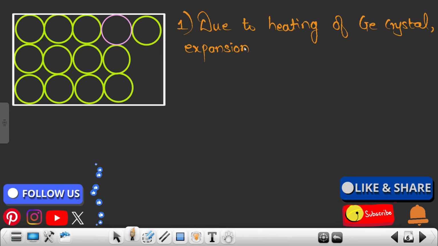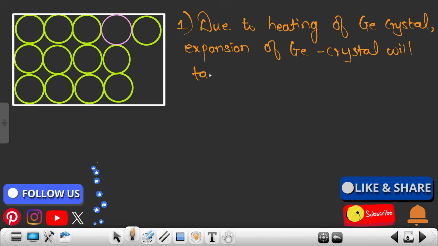First, expansion will take place. Right? So see, again I'll repeat, due to heating of germanium crystal, expansion of germanium crystal will take place. Okay, and after that, what is going to happen?